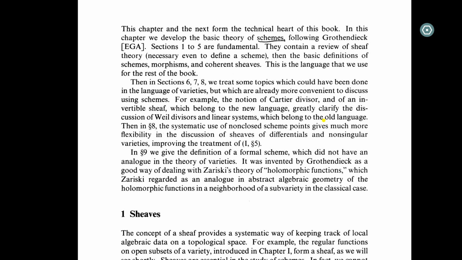And then in sections 6, 7, 8, we treat some topics which would have been done in the language of varieties, I mean classical varieties, but which are more convenient to discuss using schemes. For example, the notion of Cartier divisor and of an invertible sheaf, which belong to the new language, greatly clarified the discussion of Weil divisors and linear systems, which belong to the old language.